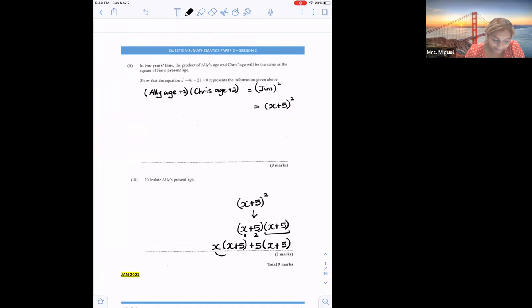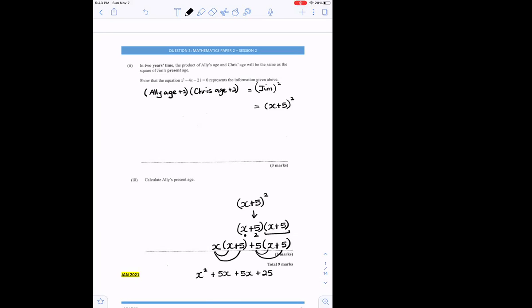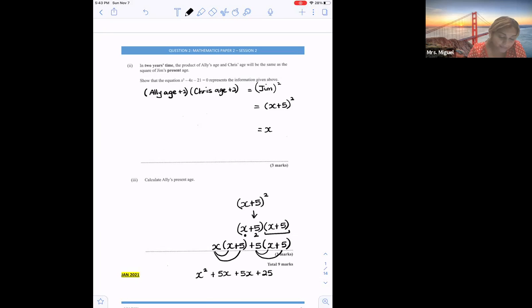So x by x will give me x squared. X by 5 will give me 5x. 5 by x will give me 5x. And 5 by 5 will give me 25. Do you all understand that so far? So this will give me x squared plus 10x plus 25.